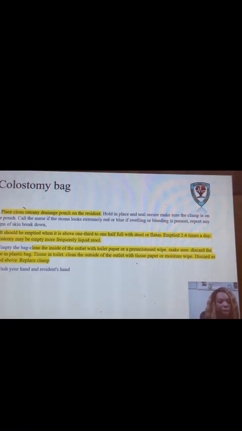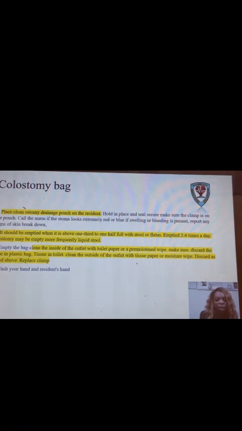You want to take the tissue and clean the outside of the outlet. And then you also want to clean the inside of the outlet. And then you want to discard it and replace the clamp. So basically, you're going to use a wipe or some tissue to clean the inside of the outlet of the bag, at the very tip, when you're getting ready to empty the bag.